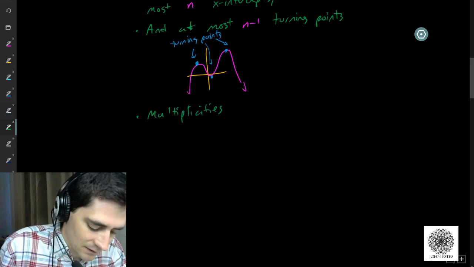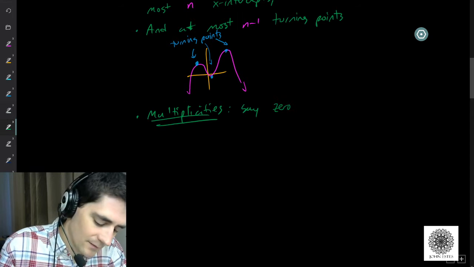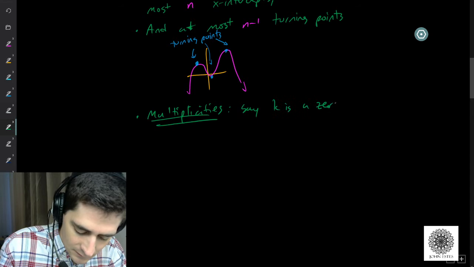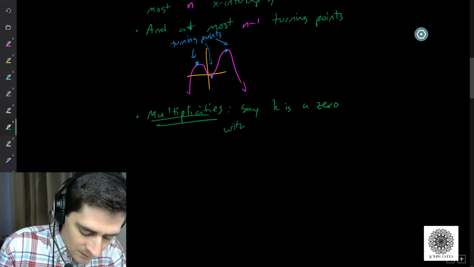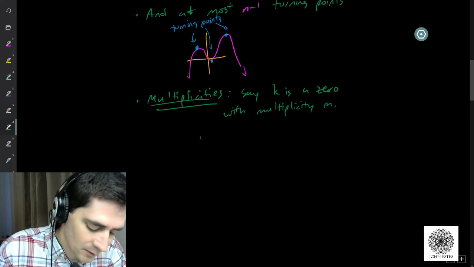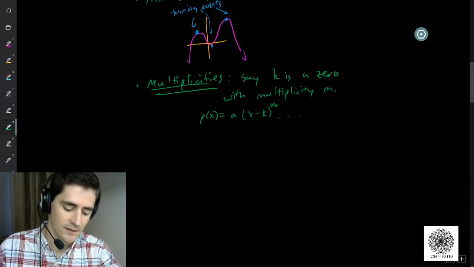With multiplicities, let's say k is a zero with multiplicity m. That means my polynomial factors like this: a times x minus k to the m power times some other stuff. We don't know what else is there.